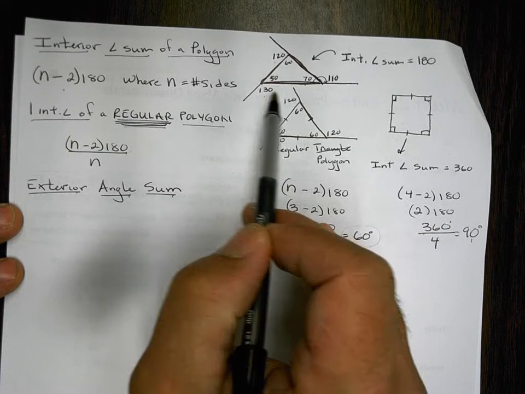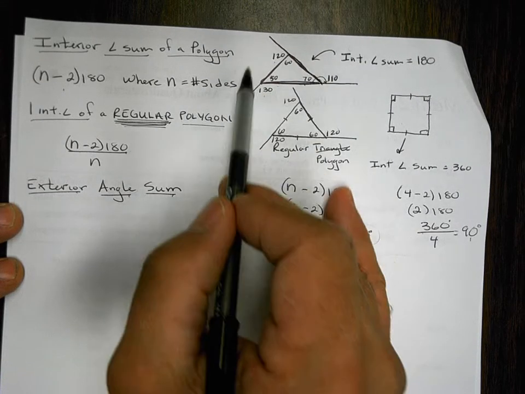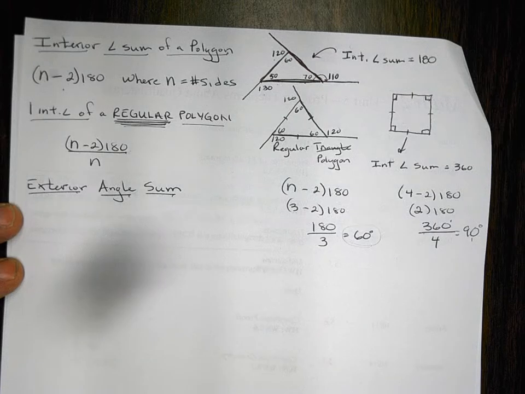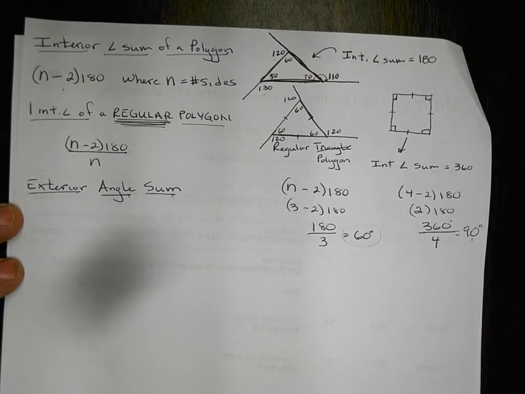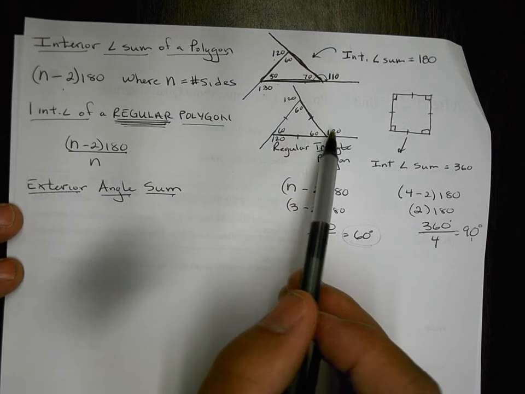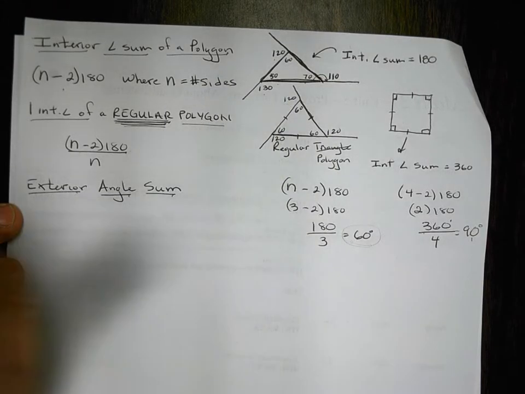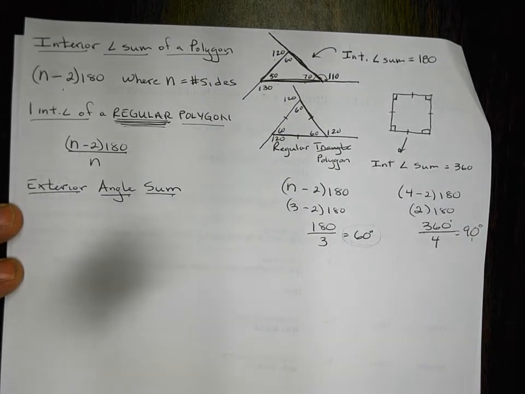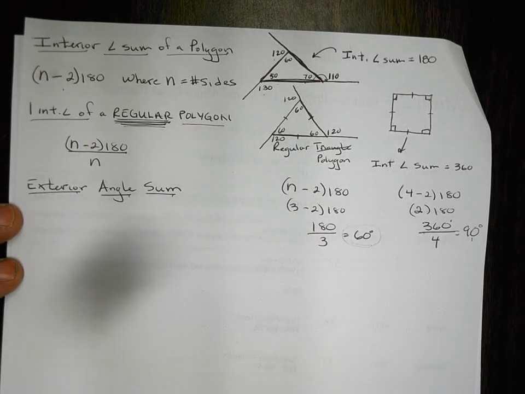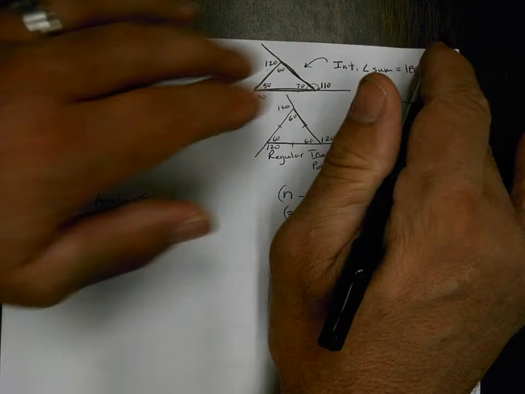So the sum of the exterior angles of any irregular triangle is 360. Let's check it out for a regular triangle, meaning an equilateral. 120 plus 120 plus 120 is 360. So it looks like the sum of the exterior angles of any triangle equals 360. You guys agree with that? Is everybody good? Okay, hopefully I have your full and complete and undivided attention.